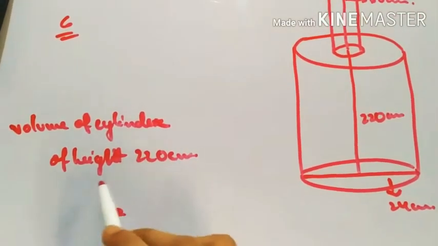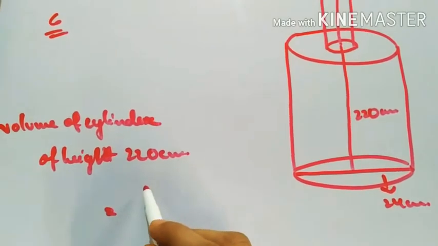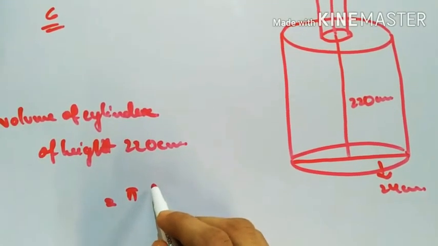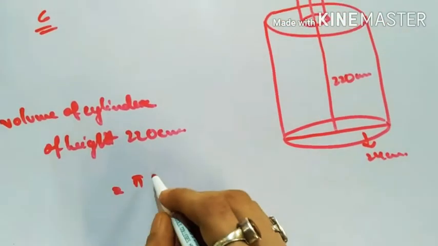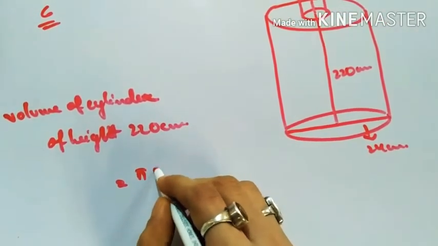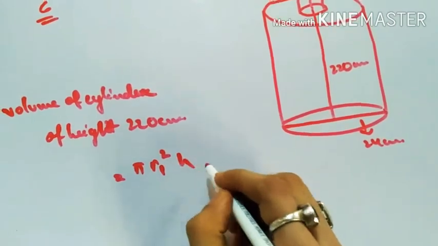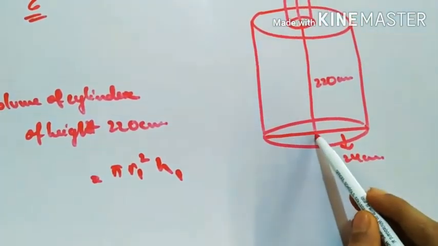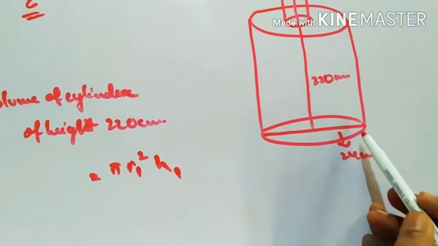Volume of the cylinder of height 220 centimeter is equal to pi r1 square h1. This height I have considered as h1 and its radius as r1.